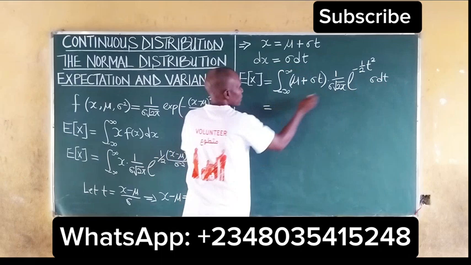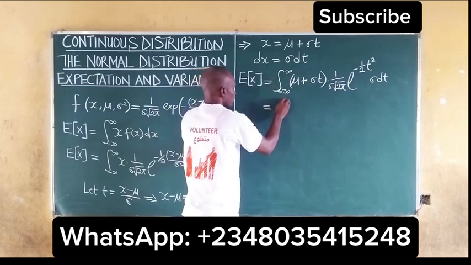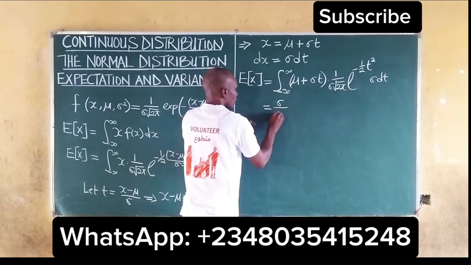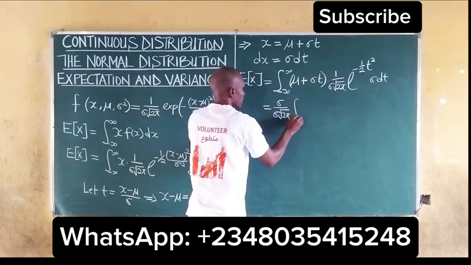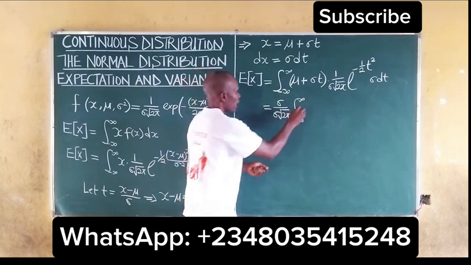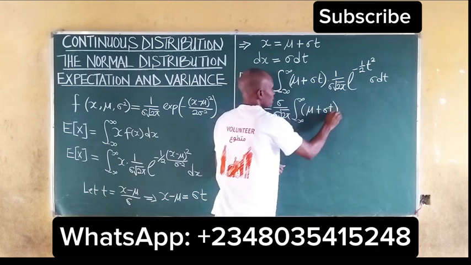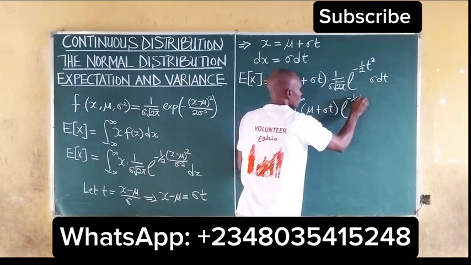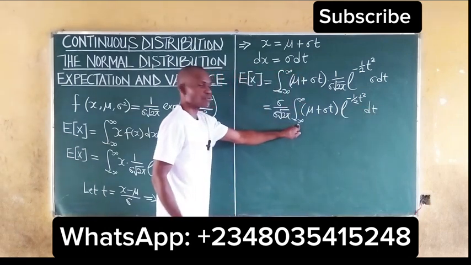Of course, we can bring this out. We can also bring the sigma out to give us sigma all over sigma square root of 2 pi. Now we are left with the integral from negative infinity to infinity of mu plus sigma t, exponential negative 1 all over 2 t squared dt. So this is what we are left with.